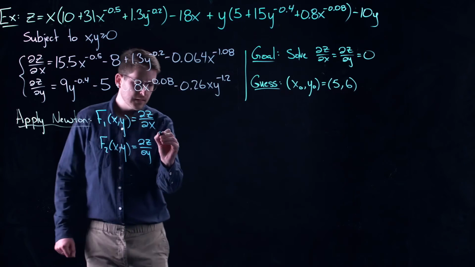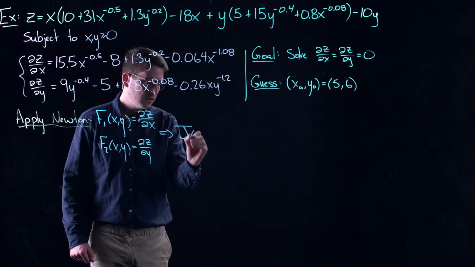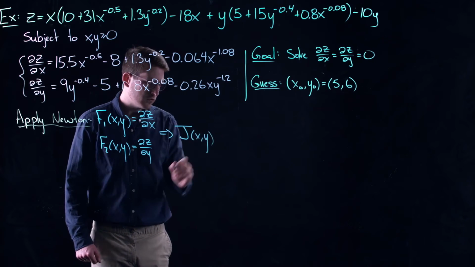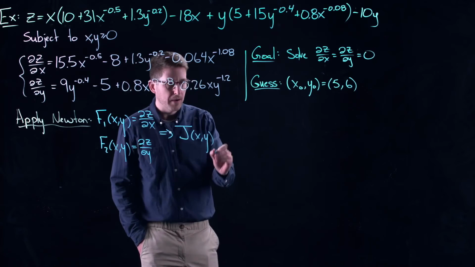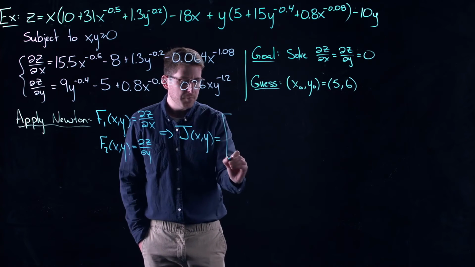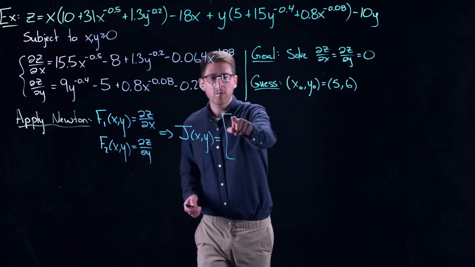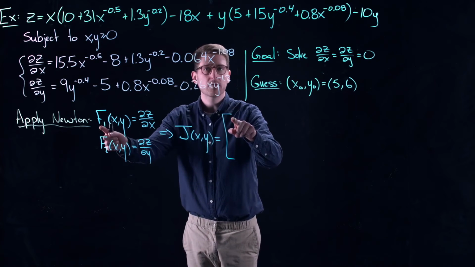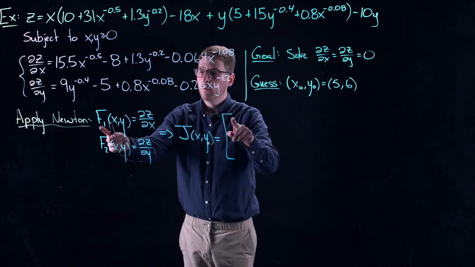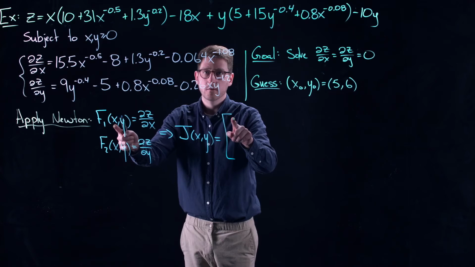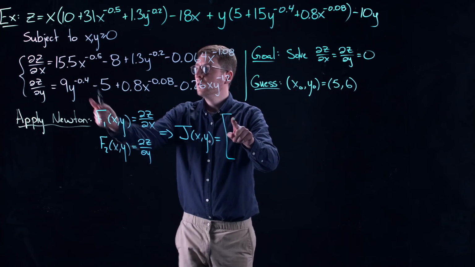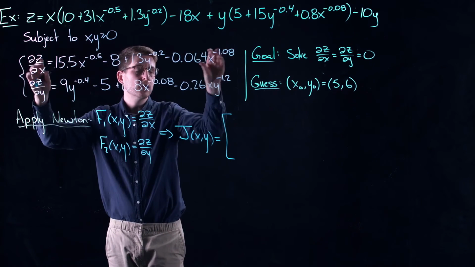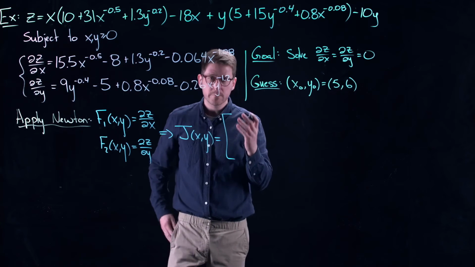And the next thing that I'm going to need is that Jacobian matrix, J of x comma y. Remember, this is that big matrix of partial derivatives. The first entry of this thing is the partial derivative of f1 with respect to x. Okay? So here's my f1 function. I need to take another derivative with respect to x.